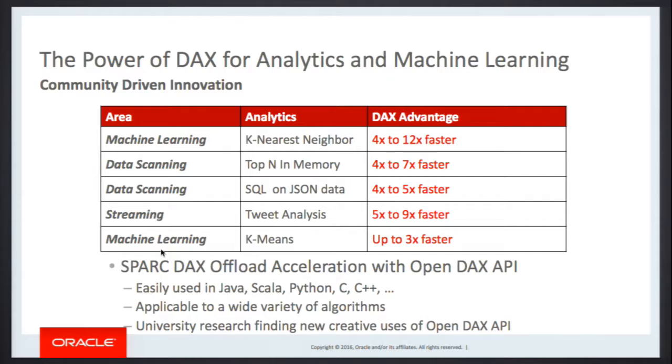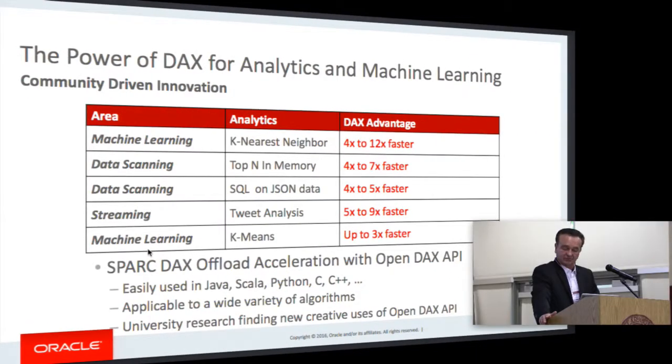There are other users in the community using it for machine learning, from other types of scans, from other types of streams. And again, they're seeing multiple times performance improvements over using cores alone. They're using the APIs, running applications, and leveraging the libraries and finding some significant performance improvements.